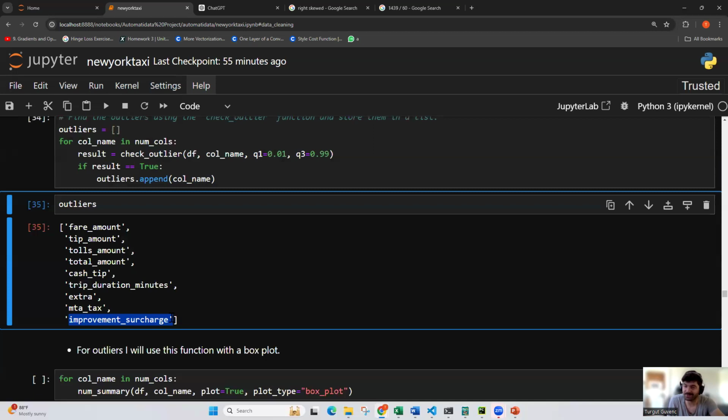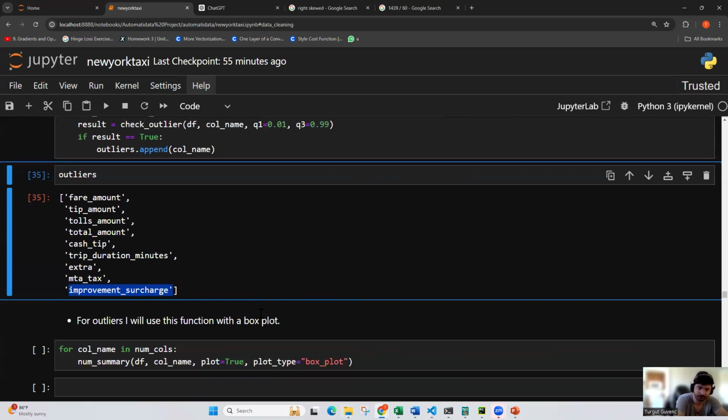They're actually not outliers; they just don't have many other values. For example, there are mostly zeros, and if there is one value, even just a 5 or 10, it is shown as an outlier. That's the reason I'm explaining here.